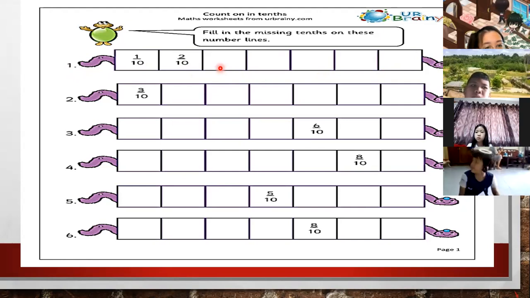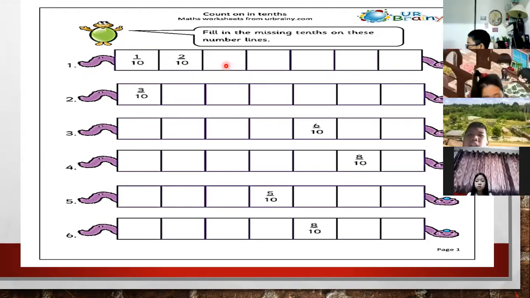Number 1, who can answer this? 1 10, 2 tens, and what next? Anyone who wants to answer this? I call your name.